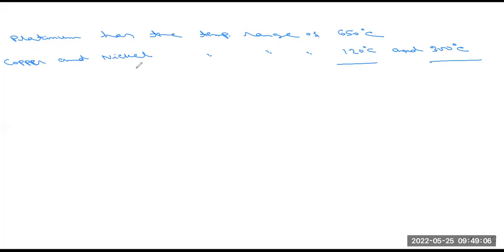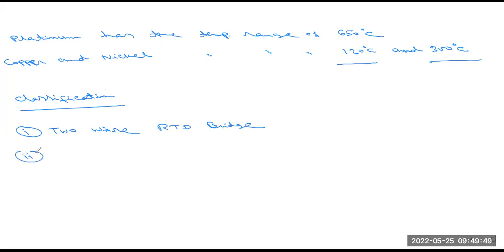Yes, sir. Okay. Now the classification. We have to classify it into three categories according to the circuit structure. First is the two-wire RTD bridge.